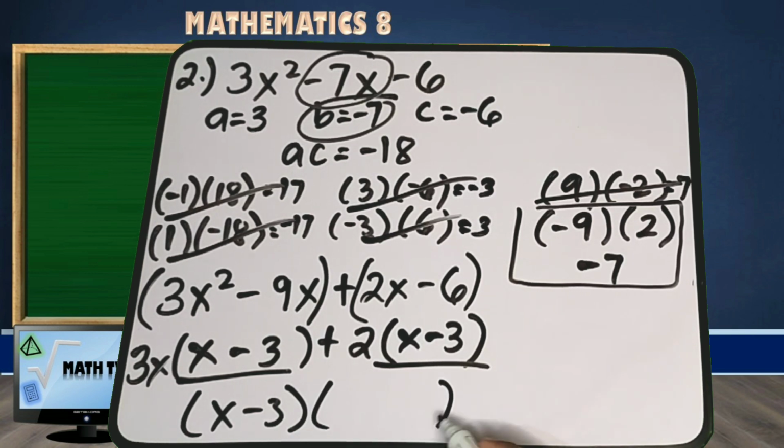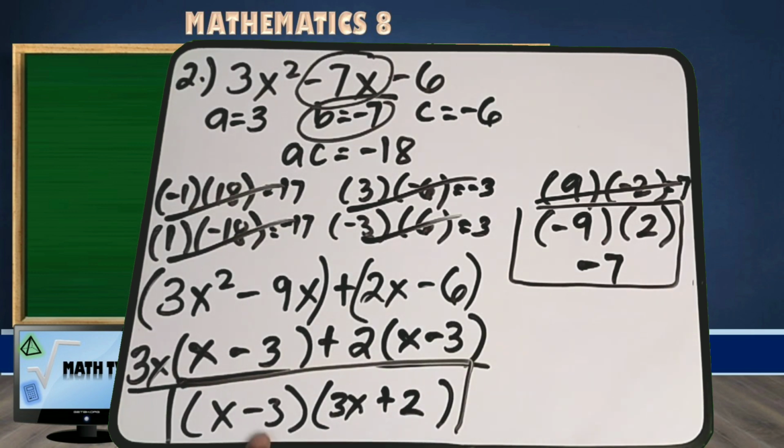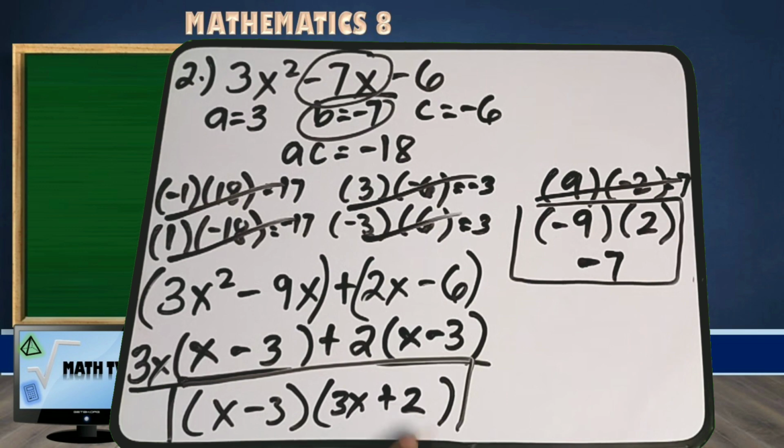So, to find the other factor, divide lang ulit. So, 3x times x minus 3 divided by x minus 3 is equal to 3x. 2 times x minus 3 divided by x minus 3 is equal to positive 2. So, our answer now is x minus 3 times 3x plus 2.